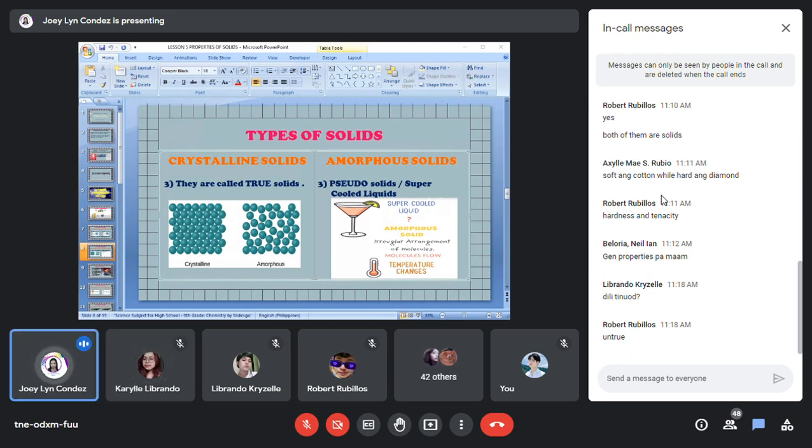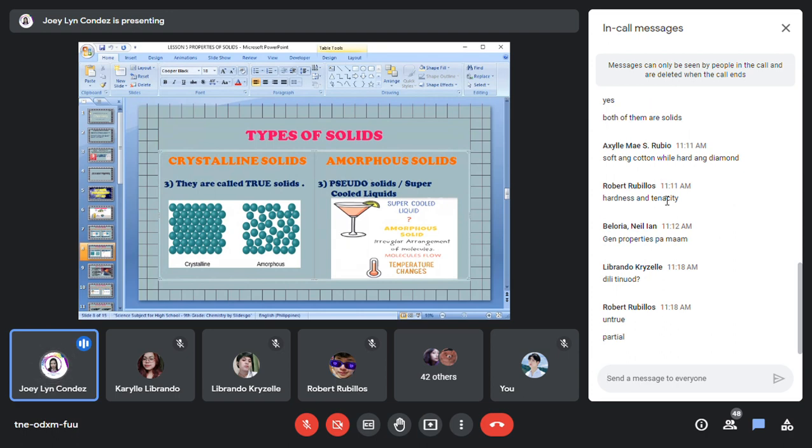Not genuine, or false, or not true. So again, crystalline solids are true solids. Amorphous solids are false solids or pseudo solids.